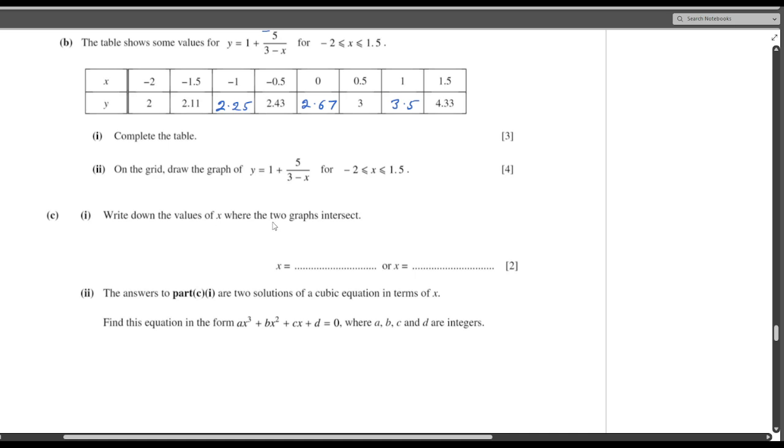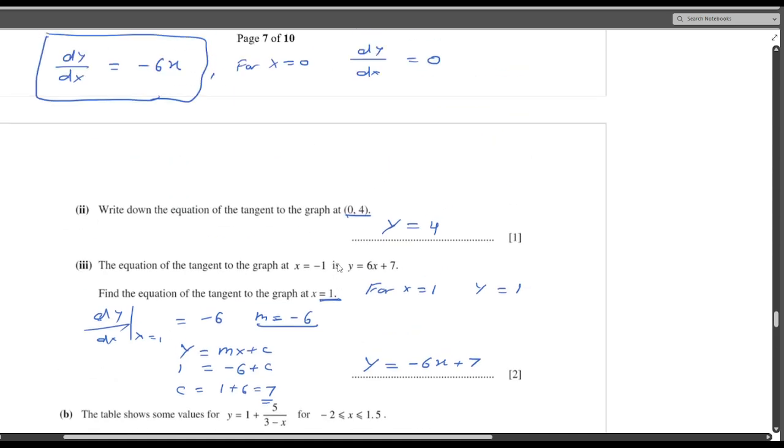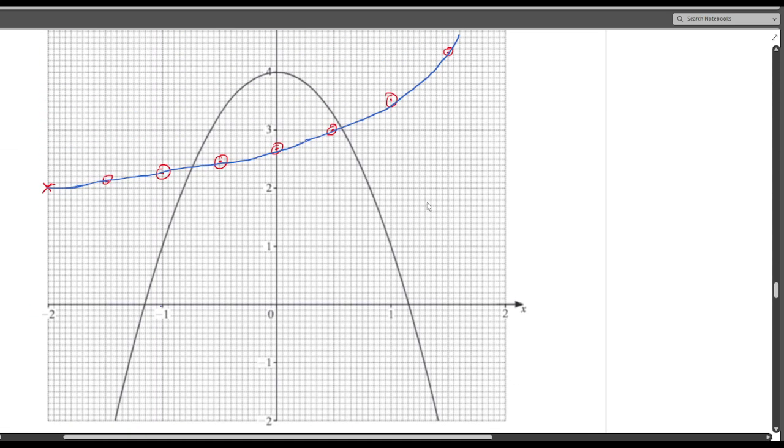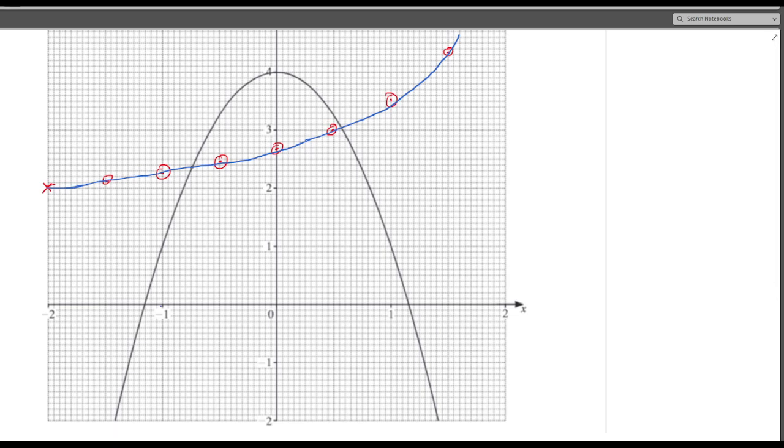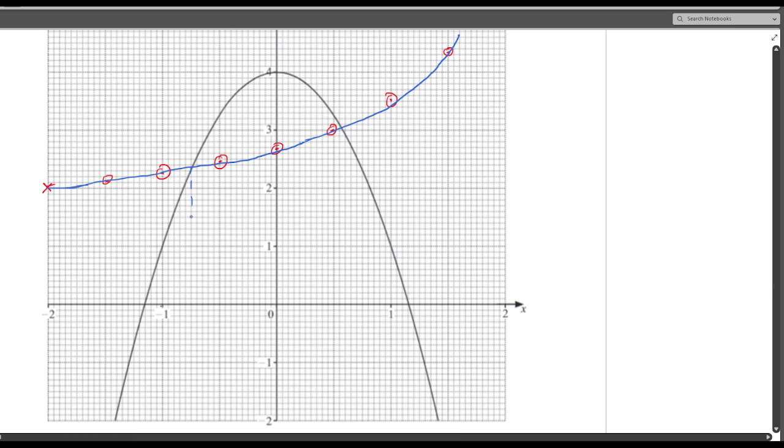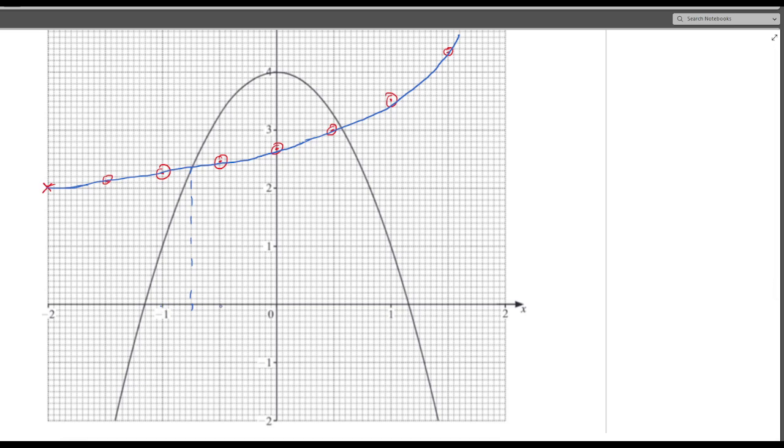Write down the values of x where the two graphs intersect. Okay, so at two values they are intersecting. One point is here. If I come down, this is -1, and between -1 and -0.5 I have 10 lines, so each division will be 0.05.